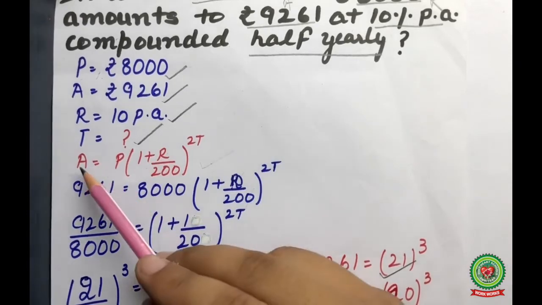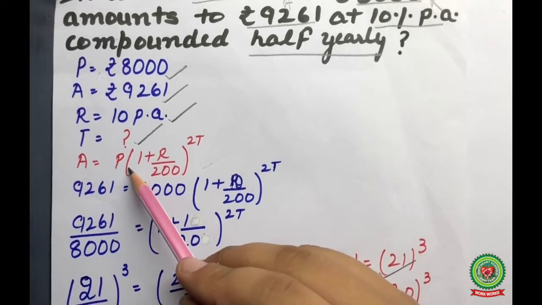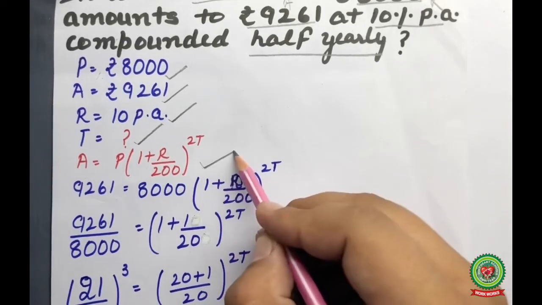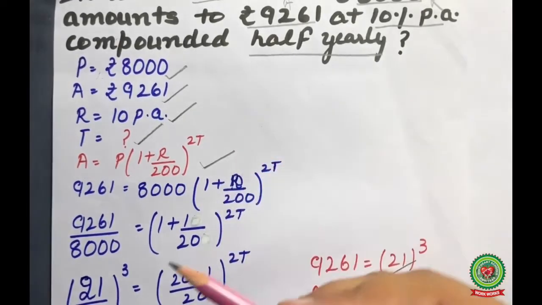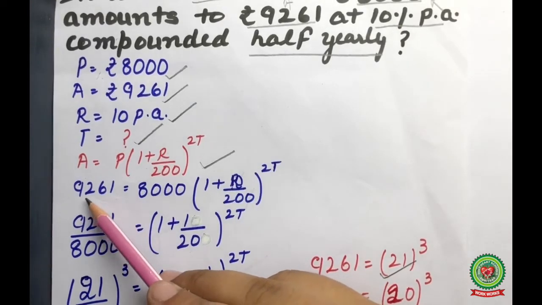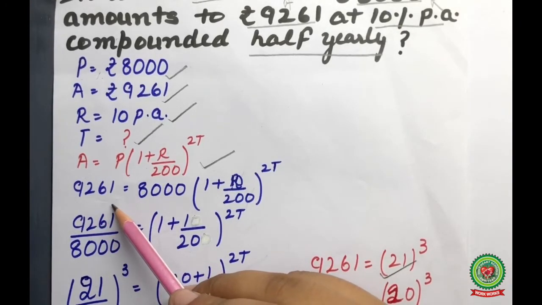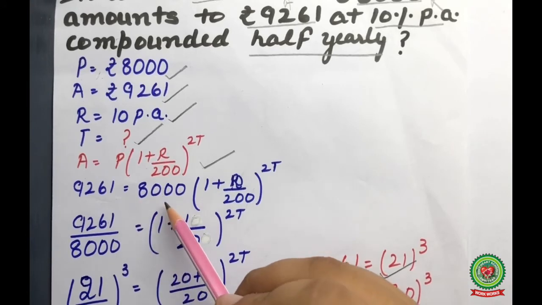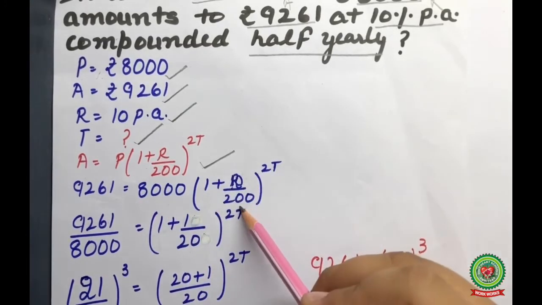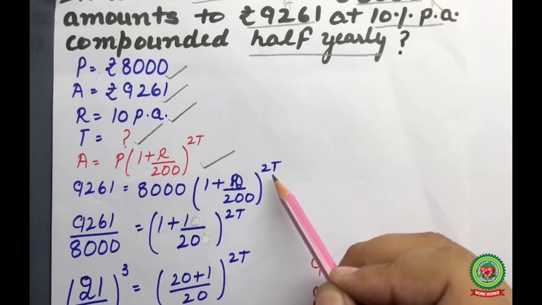That is A is equal to P bracket 1 plus R upon 200 raised to power 2t. Now we are going to substitute the values. On substituting, we get 9,261 is equal to 8,000 bracket 1 plus 10 upon 200 raised to power 2t.